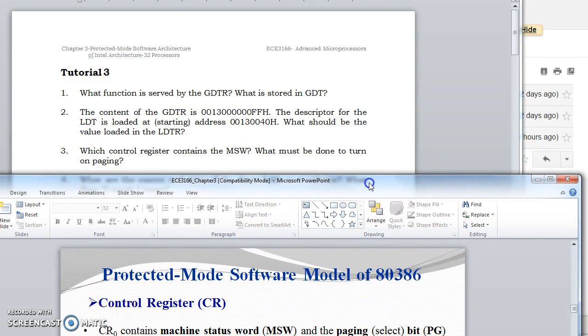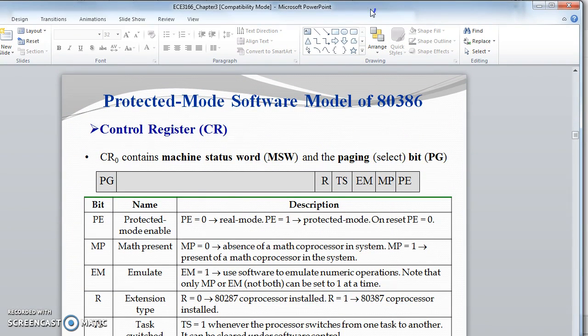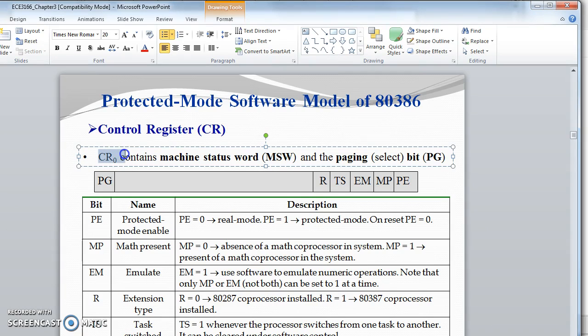Again the question: which control register contains the MSW? The control register that contains the MSW is CR0. It contains, not the most significant word, but the machine status word. It also contains the paging bit.